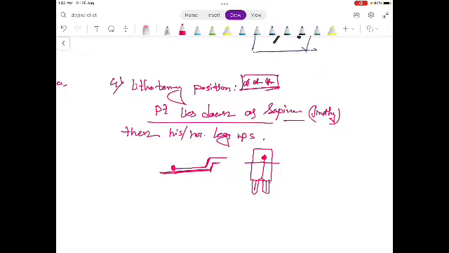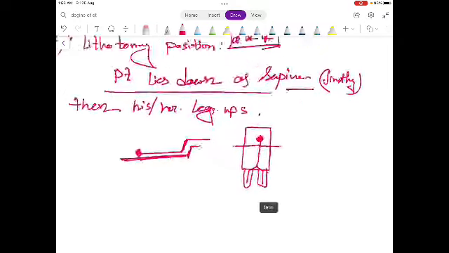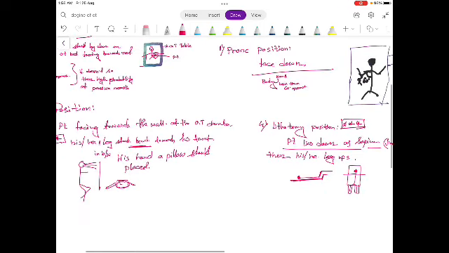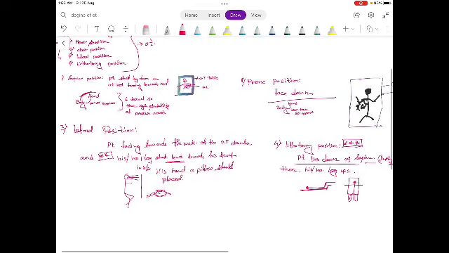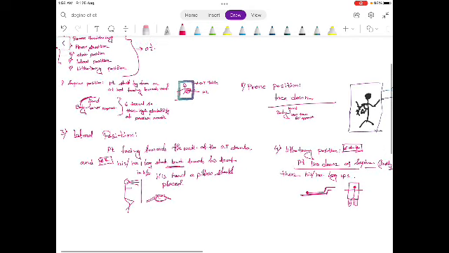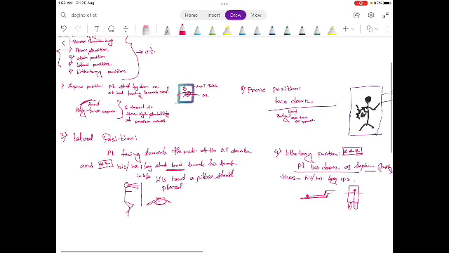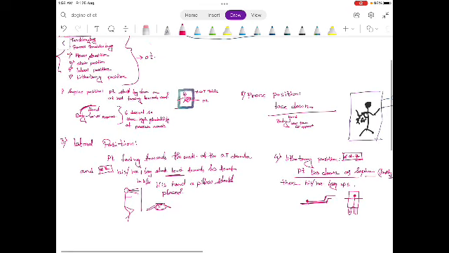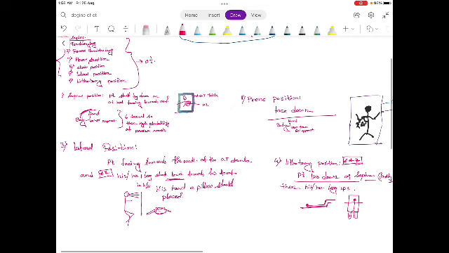We have to attach a couple of fracture table sets, so this is the position. After discussing all the positions, we have to know which position we are going to use for which OT. So we have completed the fourth position.